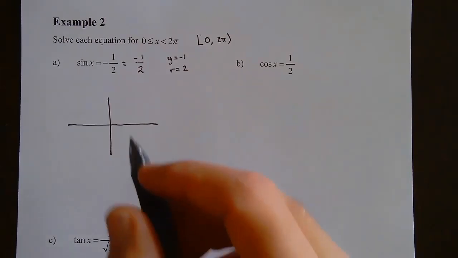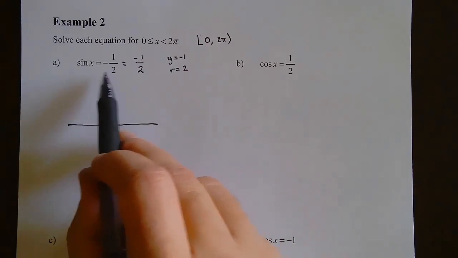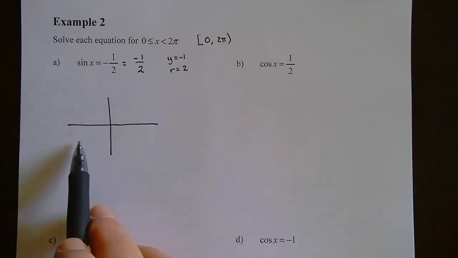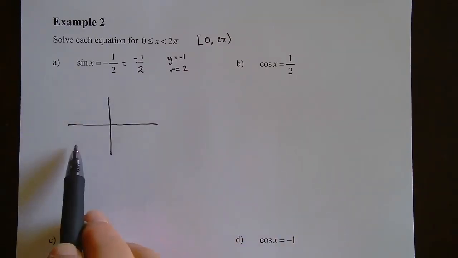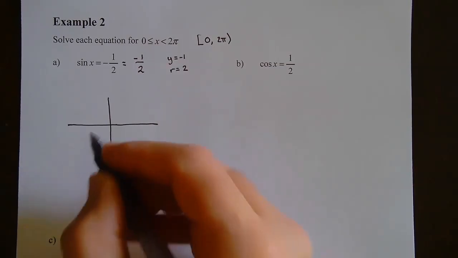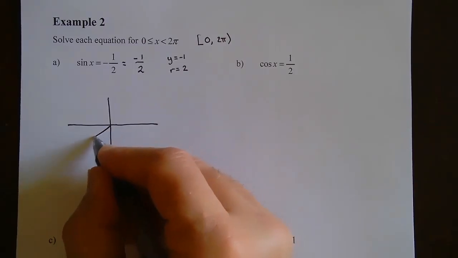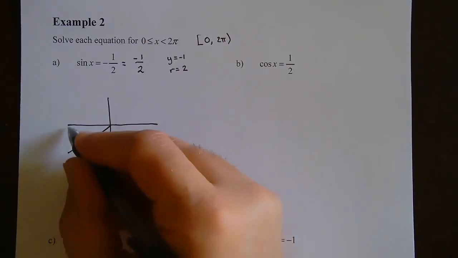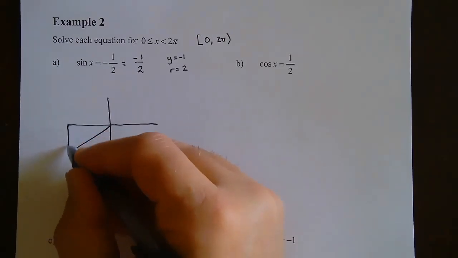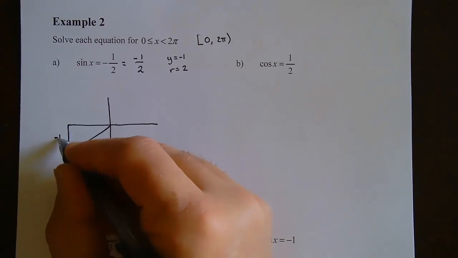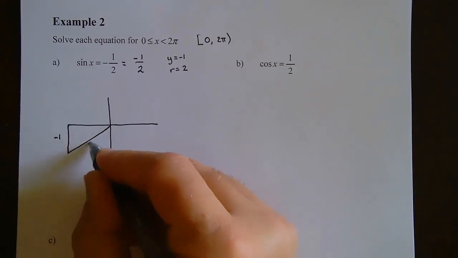All right, so where is sine going to be negative? It's going to be in this quadrant and this quadrant, because those are the only two places that y is going to be negative. So I'm going to draw a diagram that goes this way. This y right here has to be -1, and this r has to be 2.